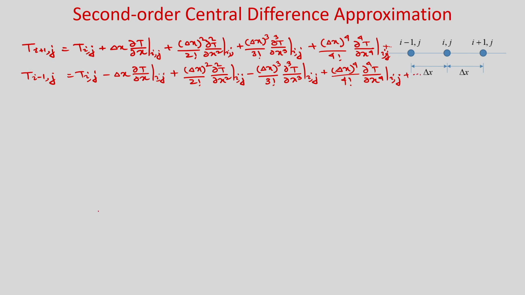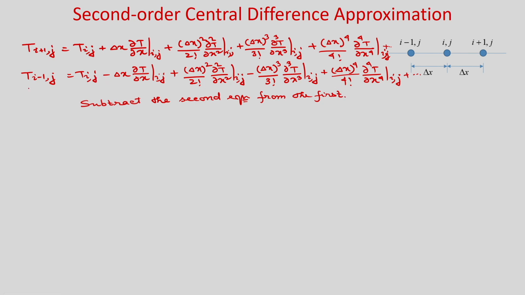What you do is, you first subtract the second equation from the first equation, because we want to find del T by del x. So, if you subtract, what will you get?